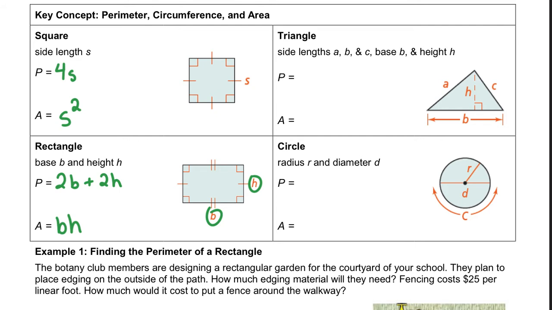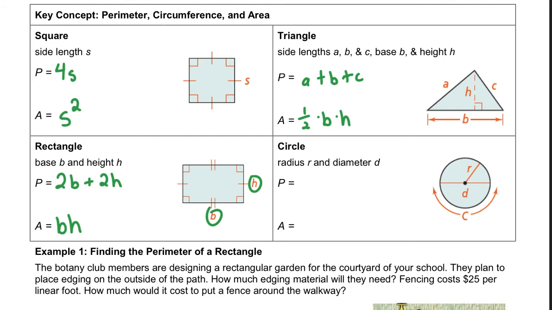For a triangle, perimeter is just, you have to know all 3 sides. You add together all 3 side lengths to get the perimeter of a triangle. The area of a triangle is a little more tricky. It's 1/2 times the base times the height. Now, it's important to know that A and C are not the base or the height.